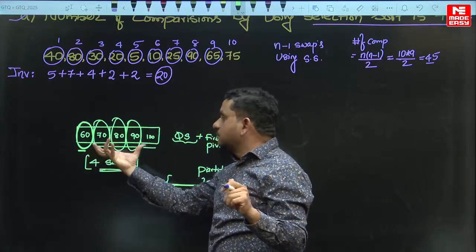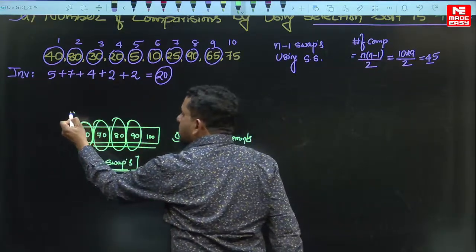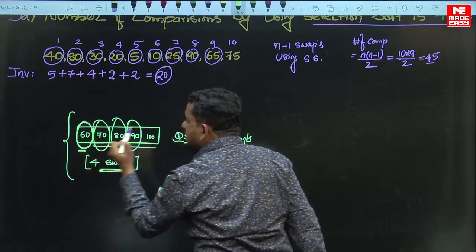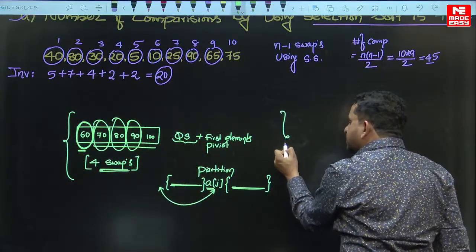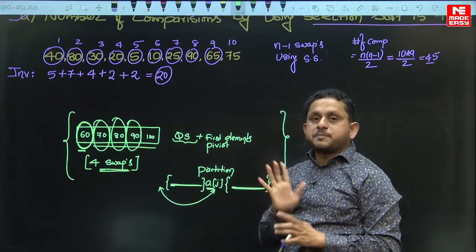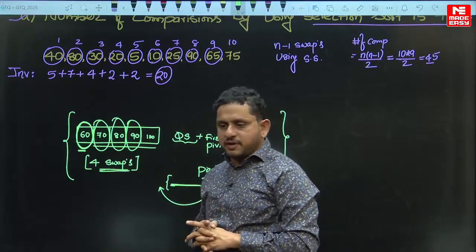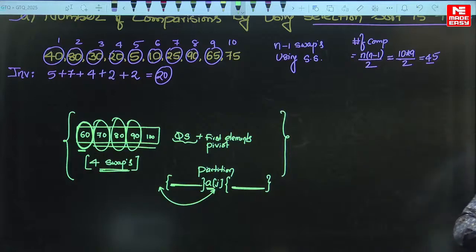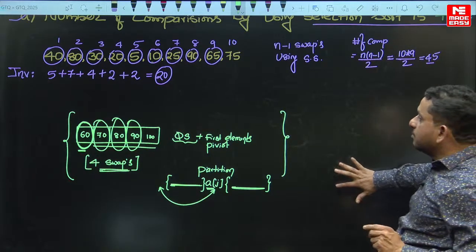But if you don't consider it a special case, each partition requires a minimum of one swap. So the answer to this question is n minus 1.